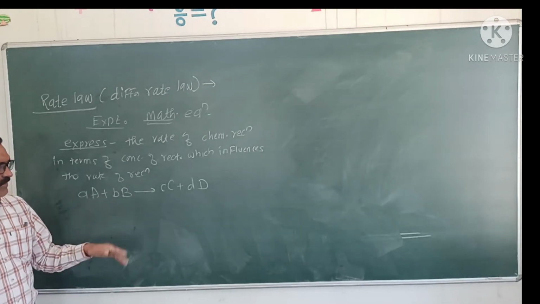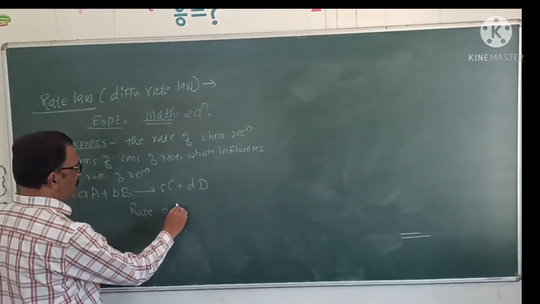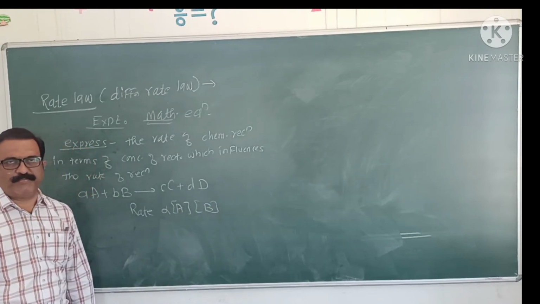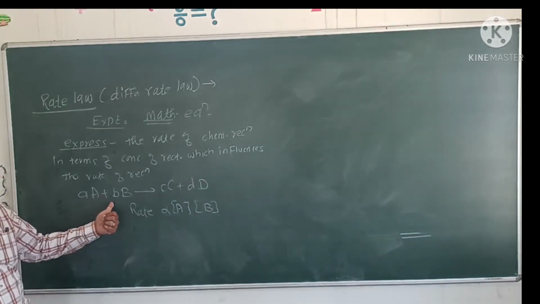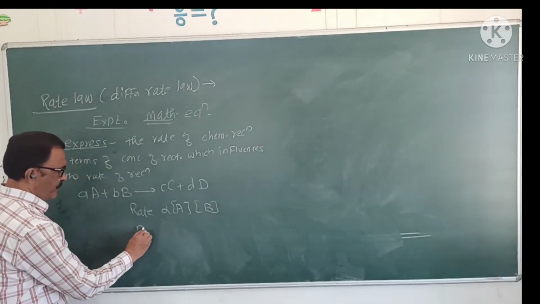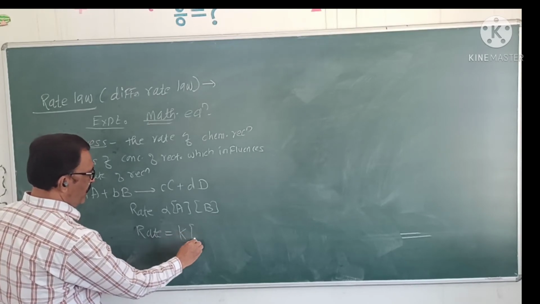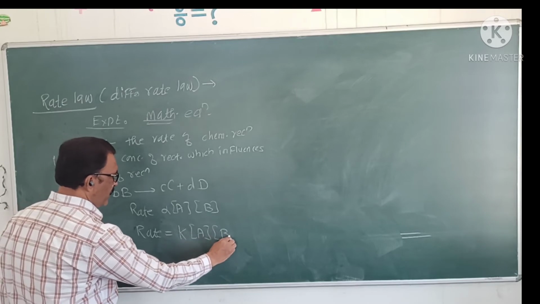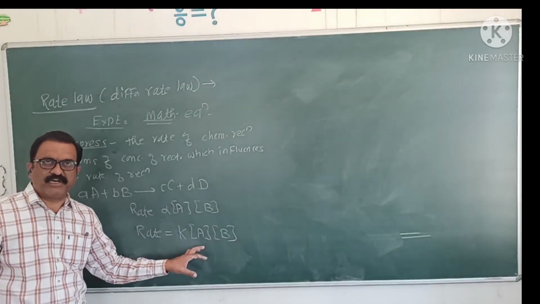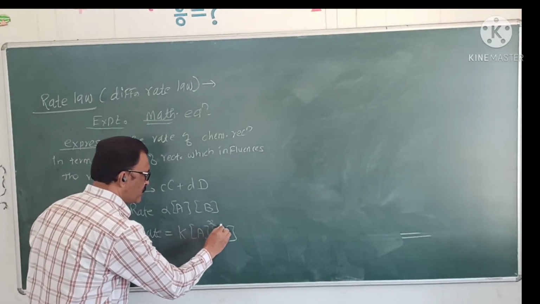Here, the rate of chemical reaction is directly proportional to the concentration of A and also the concentration of B. If we remove this proportionality sign, the rate is equal to a proportionality constant k into concentration of A into concentration of B, where these concentration terms are raised to proper powers like x and y.